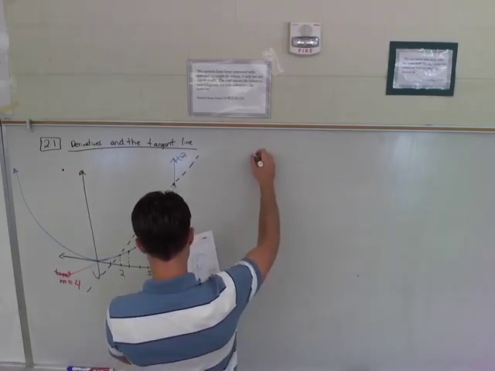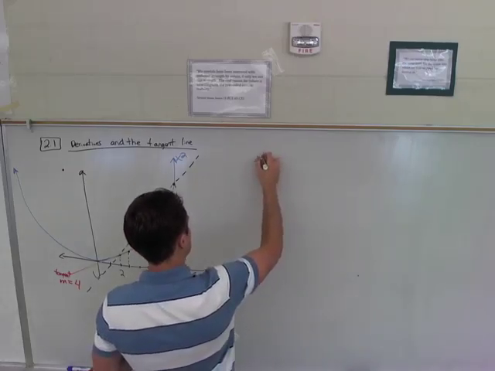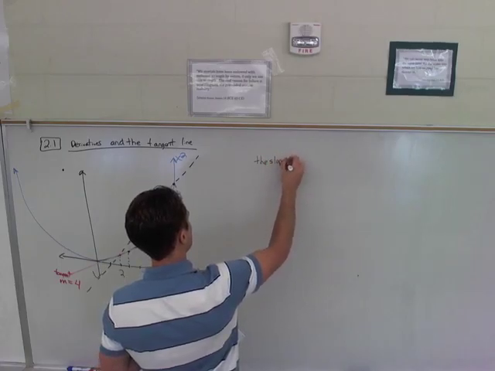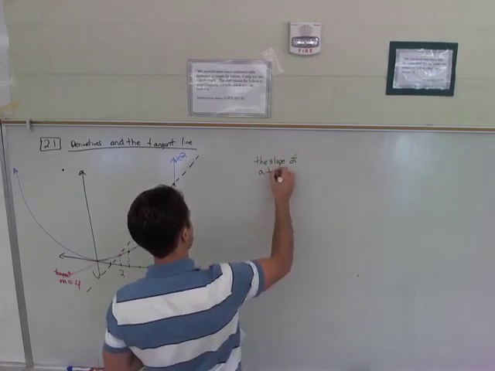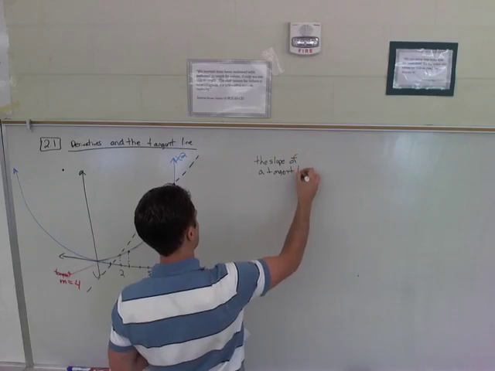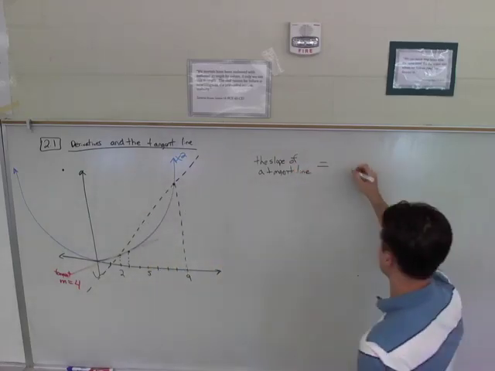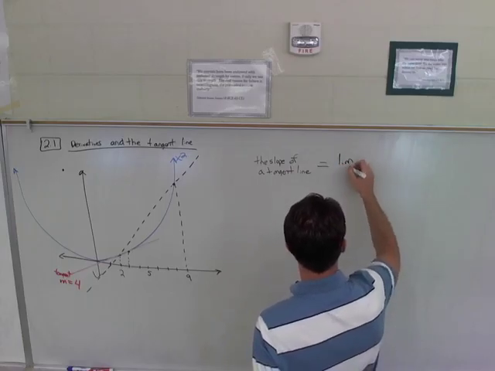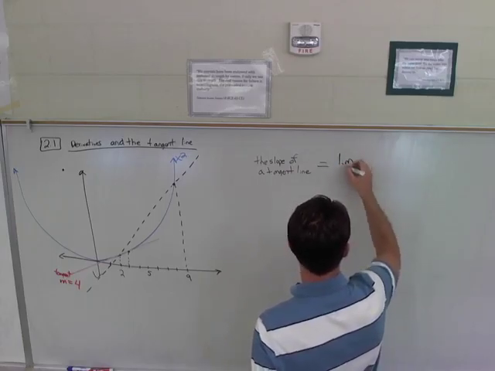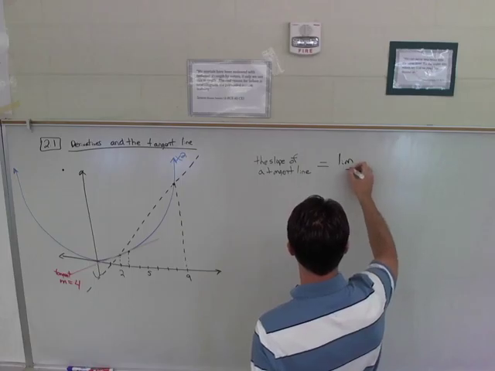So we just decided that the slope of a tangent line equals what? The limit of something. The limit of something, I like it. The limit as, what are we going to put under here? Something approaches 0, right?